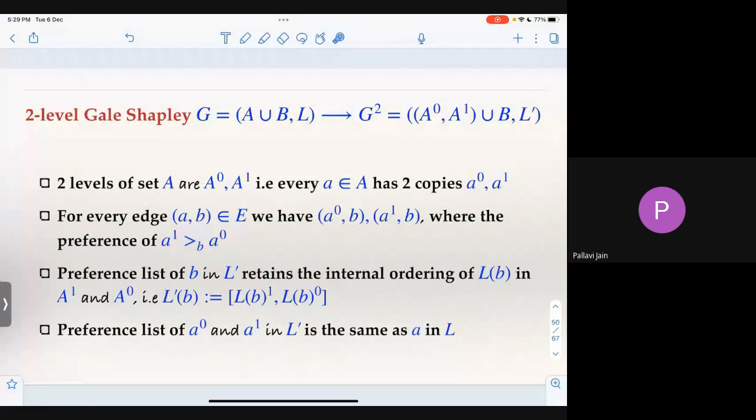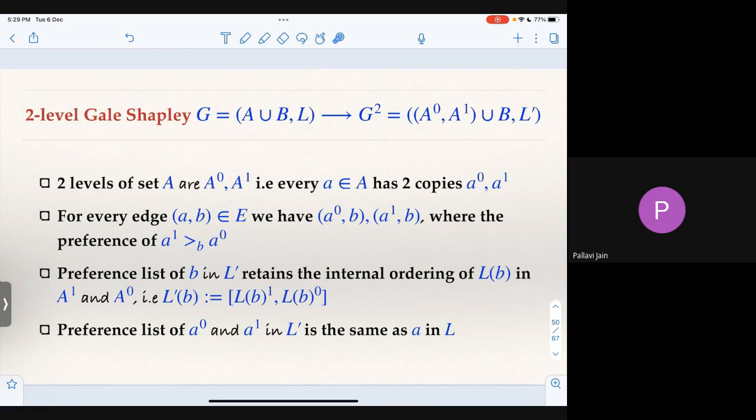First and foremost, the way the proposal works is that you don't let anybody propose in any order. The zero level vertices will propose first. If they find a matching partner, then that's it. If A0 gets rejected by everybody, then A1, the level 1 version of A, starts proposing.